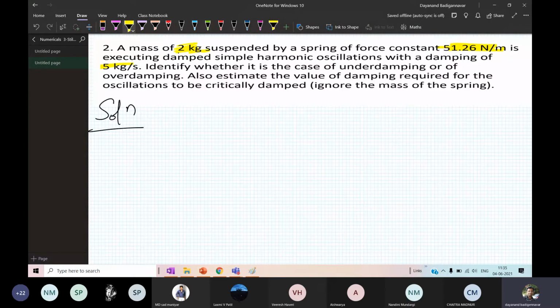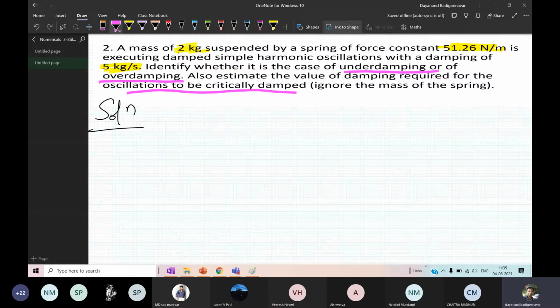Identify whether it is the case of underdamping or overdamping. Now, what is the aim? The aim is to check whether the oscillations are underdamped or overdamped. Also estimate the value of damping required for the oscillations to be critically damped.